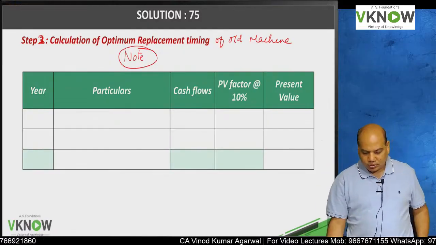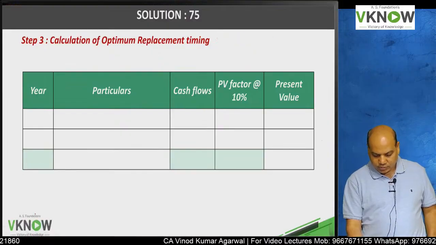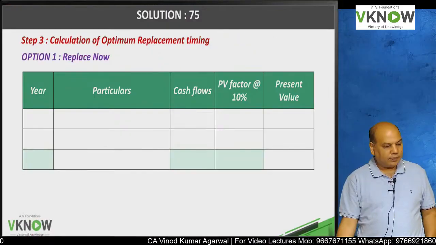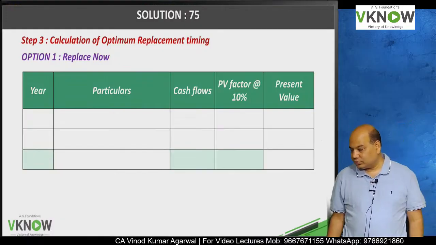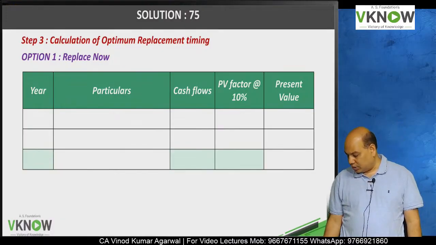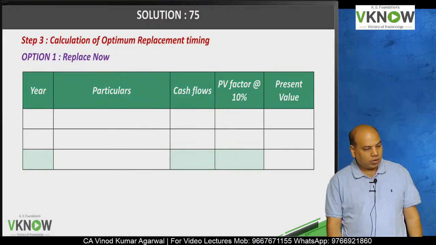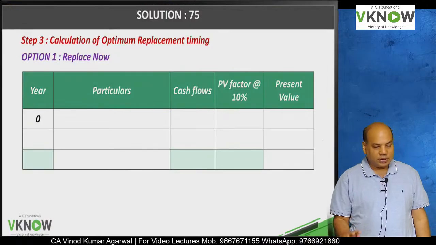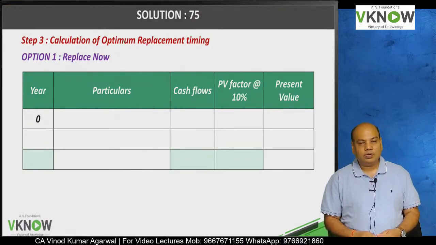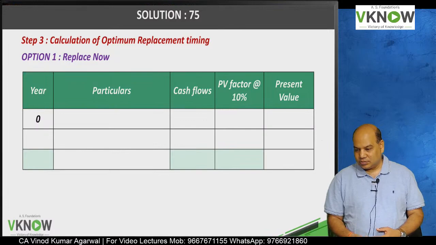Now write down, we have 3 alternatives. Alternative 1, replace now. Draw this table again: year, particular, cash flow, PV factor at 10%, PV.